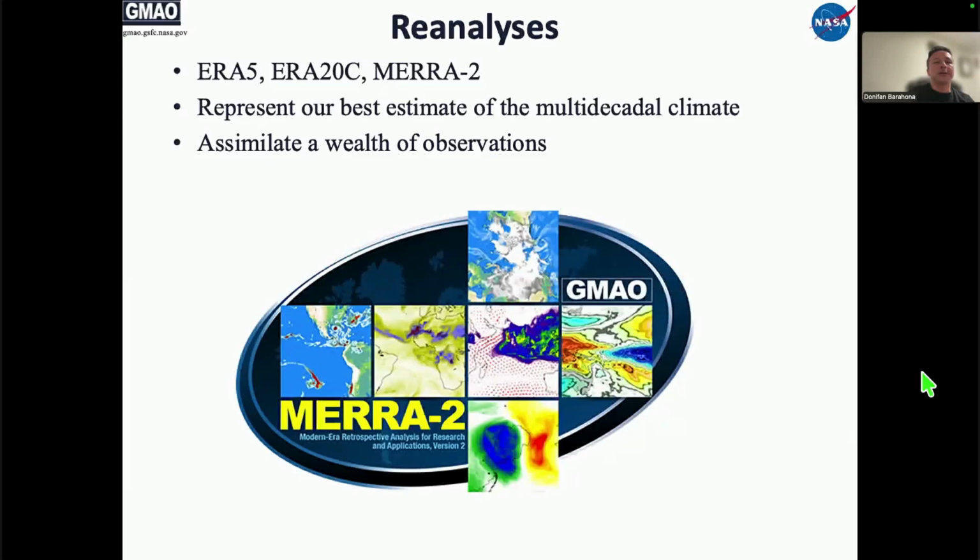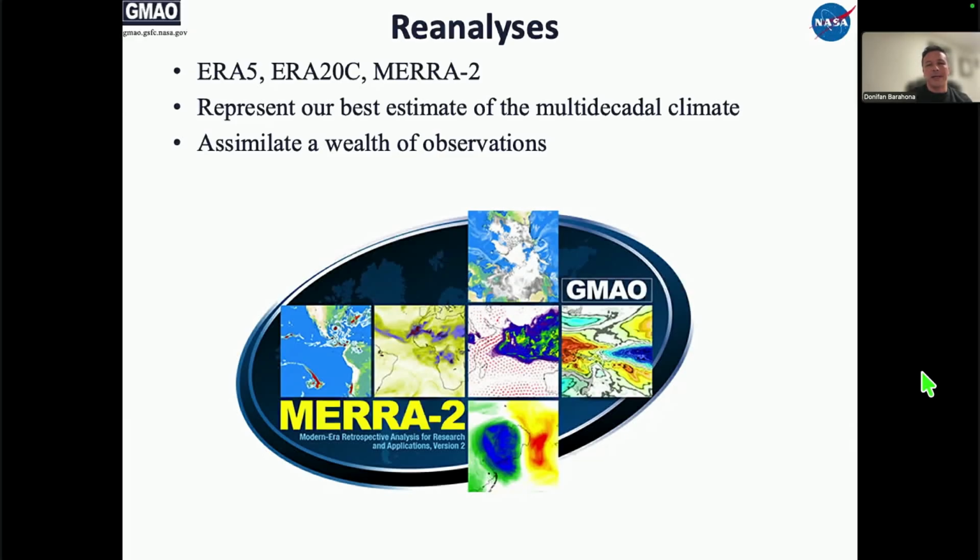On the other hand, we also have reanalysis, right? They are lower resolution, on the order of 50 kilometers to 100 kilometers. You are all familiar with it because almost all foundation models are trained on these. And they represent, of course, the best estimate of the multi-decadal climate. They usually start from 1980; with ERA5, I think you can go all the way back to 1940.